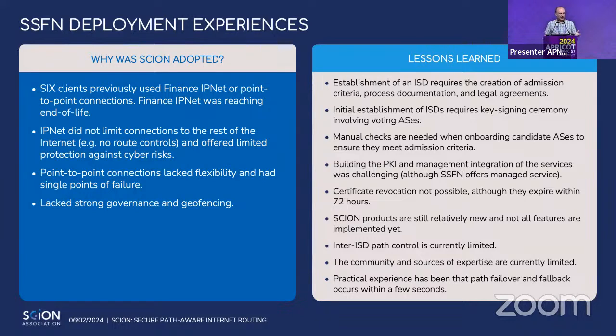So there wasn't a great deal of protection against cyber risks, and there was the geofencing issue as well. A lot of it was based on point-to-point connections that had a lot of single points of failure. They were simply leased lines, with just no backup route. But as I said, the lack of strong governance was also a very key thing here.